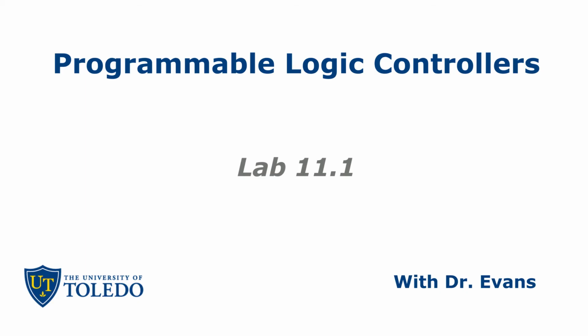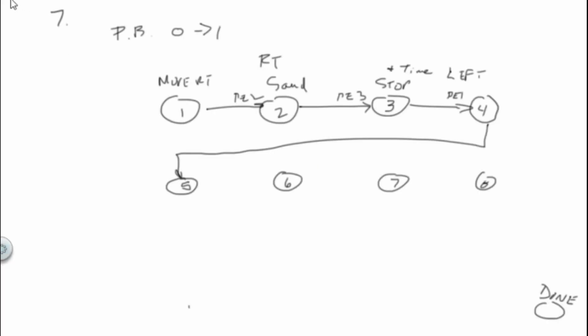Okay, so now we go to the pump project. In the pump project, I give you hints. So the lab for the 3 pumps, you have a button for more and you have a button for less.